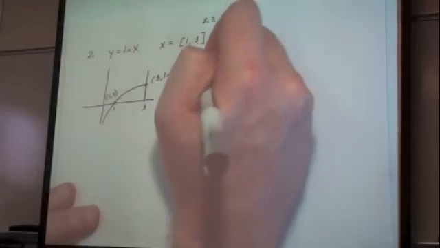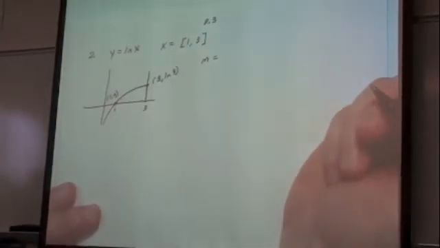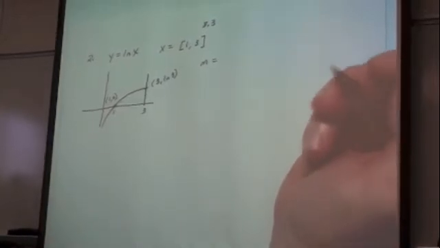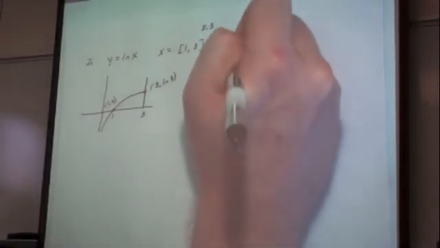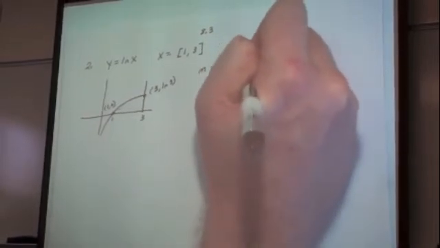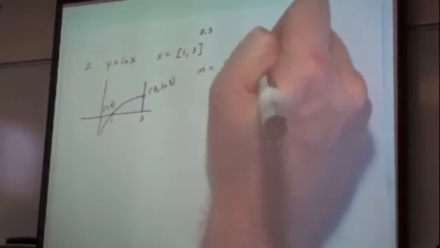So I would suggest breaking this problem into its components and let's find the sum of the masses first. That's just going to be the integral from 1 to 3 of the natural log of x with respect to x. Now, if you need to use integration by parts on that, you can.